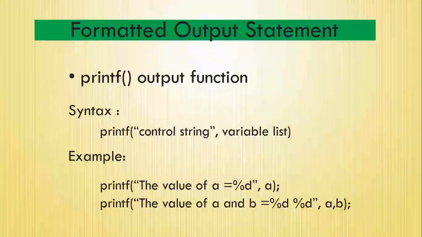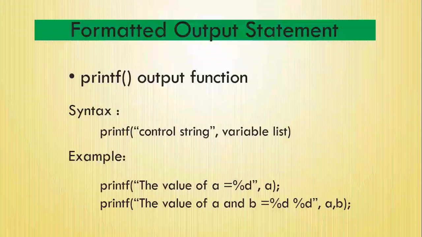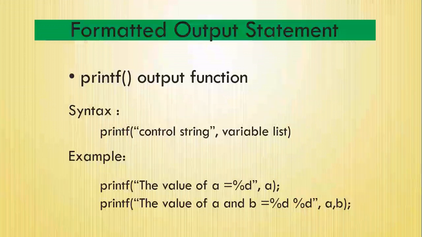And next, escape sequence characters such as \n, \t, \b, where \n is used for new line. Then you have to mention the format specifier and the messages and how they appear. These three components you have to mention in the control string.